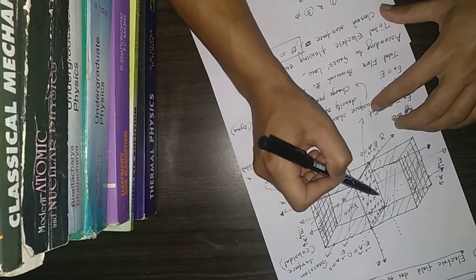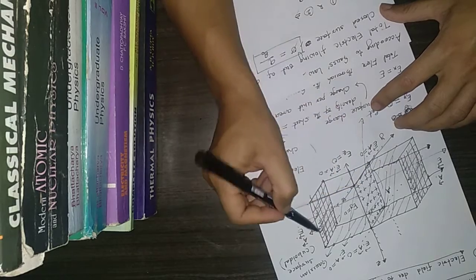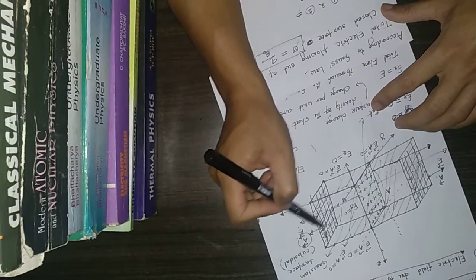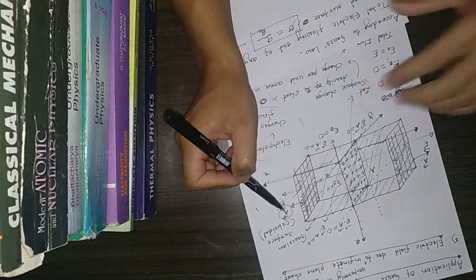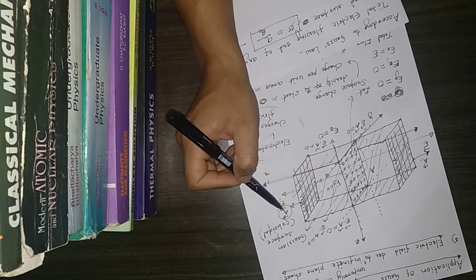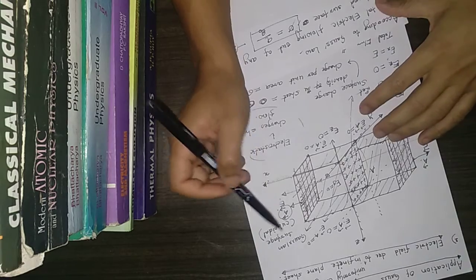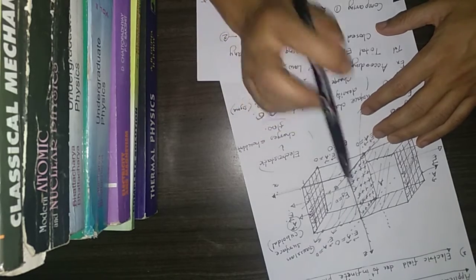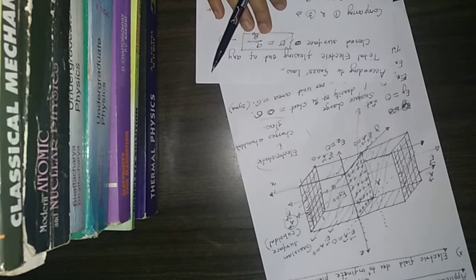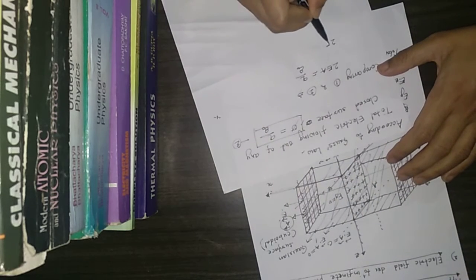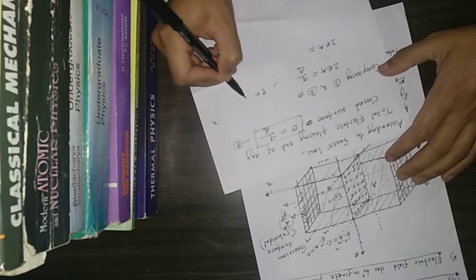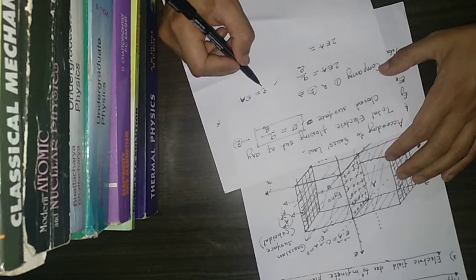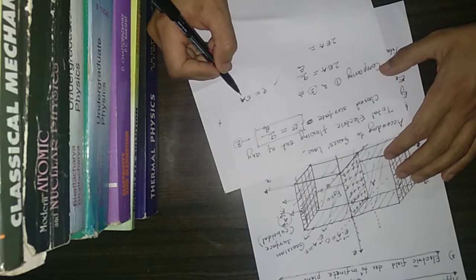And we know the area of the sheet is also equal to A, because it is enclosed by the Gaussian surface whose two sides are A. So the area of the sheet enclosed will also be equal to A. If sigma is the charge density of the sheet and A is the area of the sheet enclosed by the Gaussian surface, then our total charge enclosed will be Q equals sigma into A, because the charge equals charge density into area.